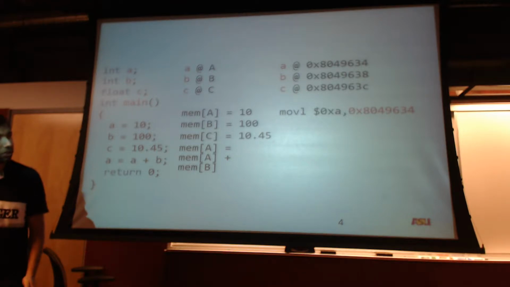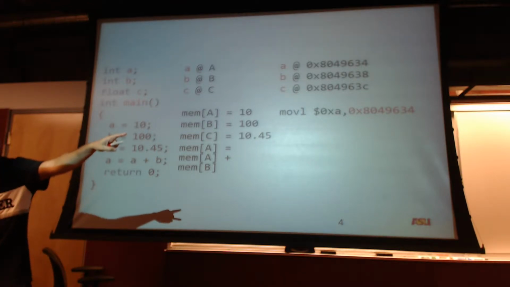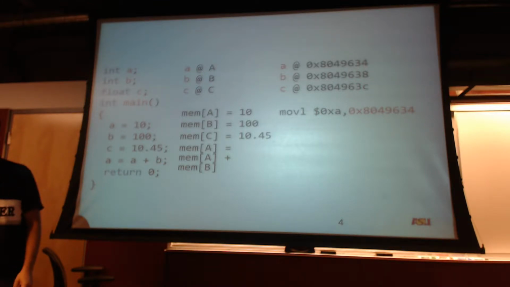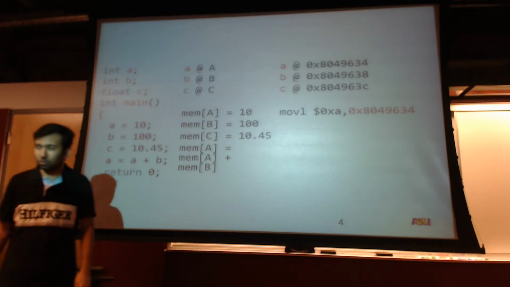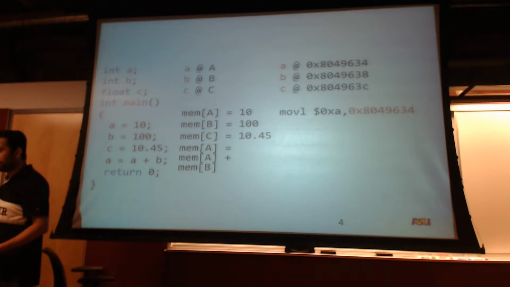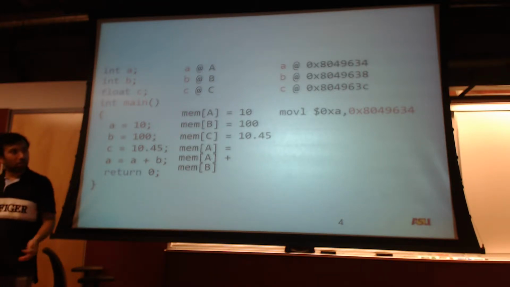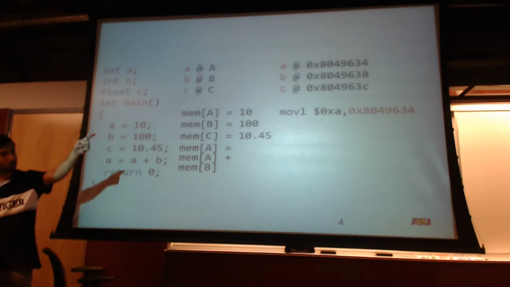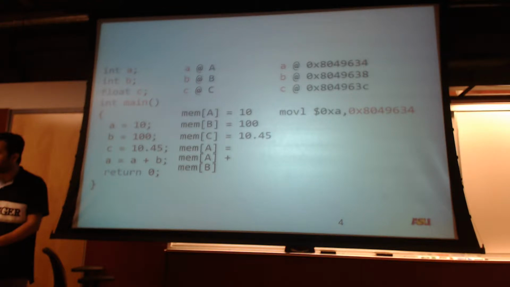Right? So equals 10 means A. What does A mean in hexadecimal? A means the value 10. Right? If you convert from hexadecimal to decimal, A becomes 10. So you move A to the location 8049634, which means this was the location of the variable A.